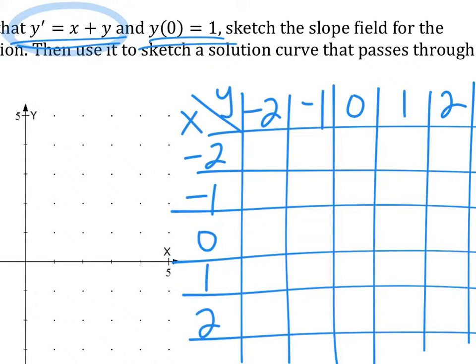So for example, at the point -2, -2, when x is -2, y is -2, what is the slope at that point? -4, because it tells me the slope at that point is x plus y. So it's just -4.